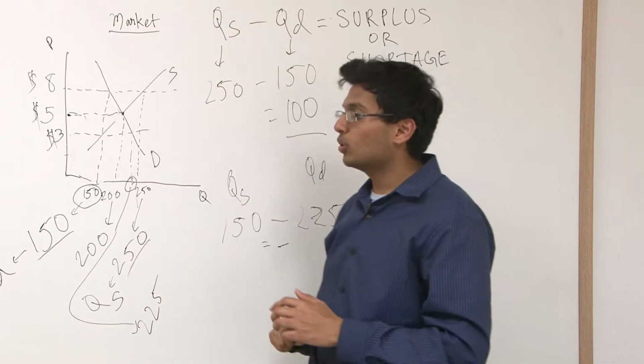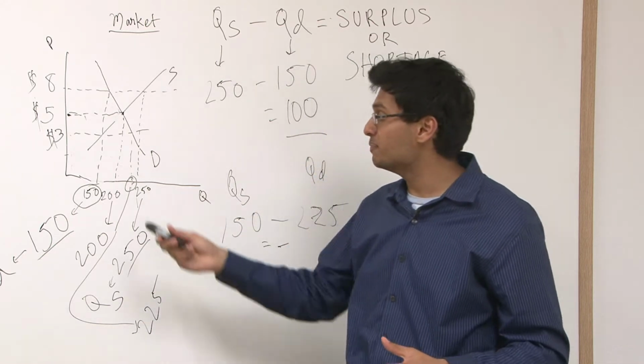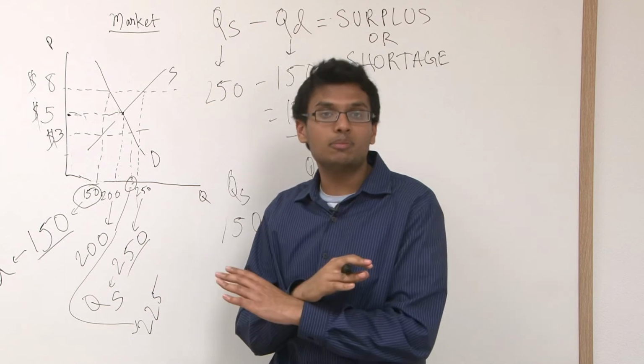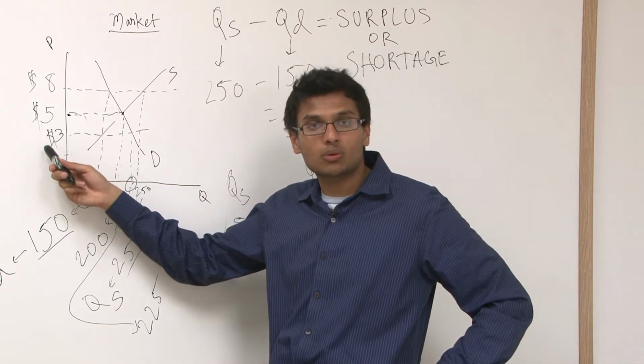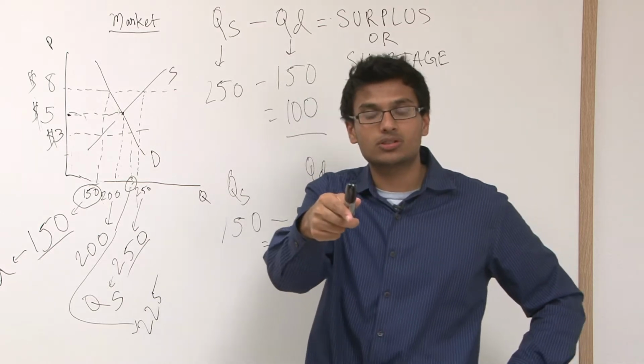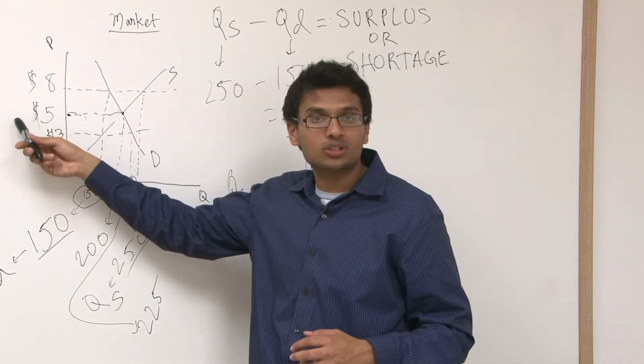Okay, so what is the basic statement out of this? The statement is that in the competitive market, it's an equilibrium that's going to drive the price. So at $3, you guys, the consumers, are going to bid against each other, and you're going to drive the price up to $5.